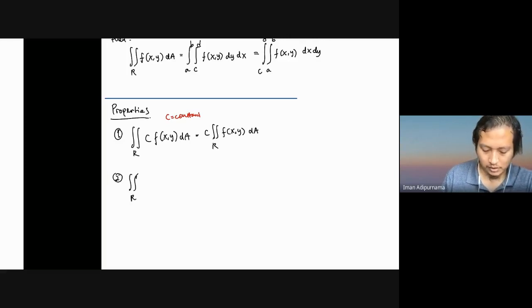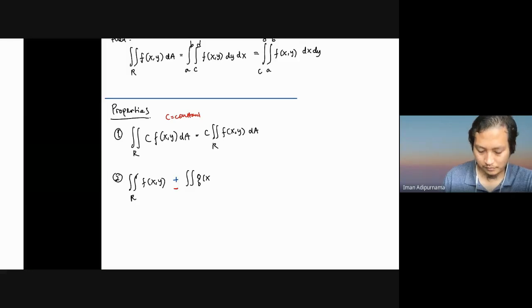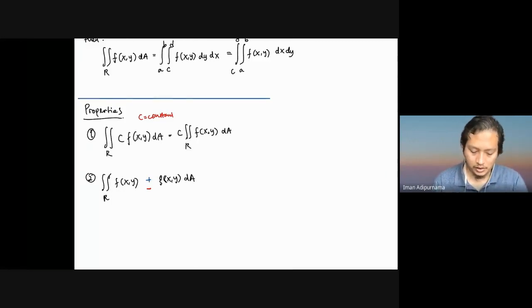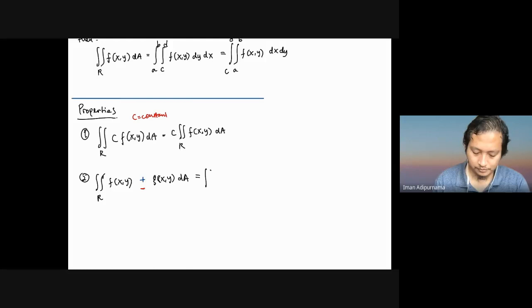If you have double integrals and you want to add or subtract another double integral, I think this should be inside first, and then I will move to the outside. So both of these two functions are inside one double integral, and you can separate them.